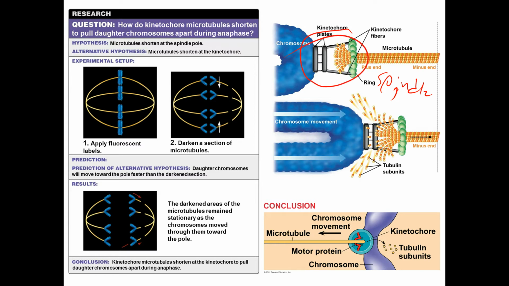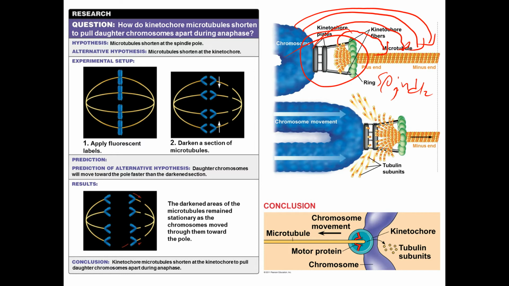You have this motor protein that's basically ratcheting the chromosome forward along the microtubule. And at the other end of the kinetochore, your microtubules are depolymerizing. They're plucking off one another.